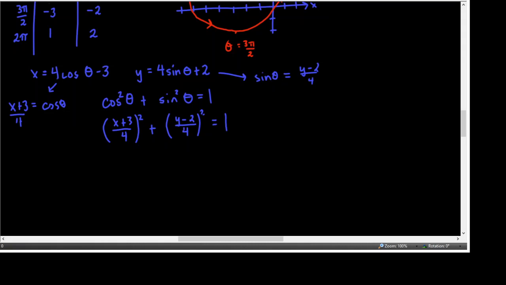And if you do that squaring, you'll get x plus 3 squared over 16 plus y minus 2 squared over 16 equals 1.